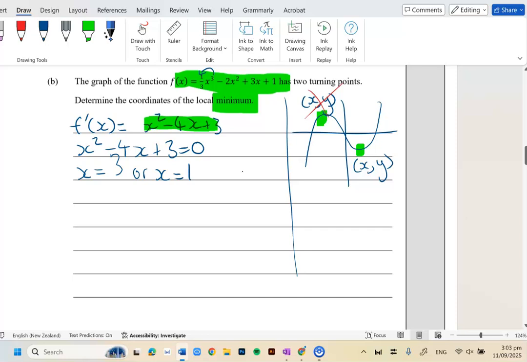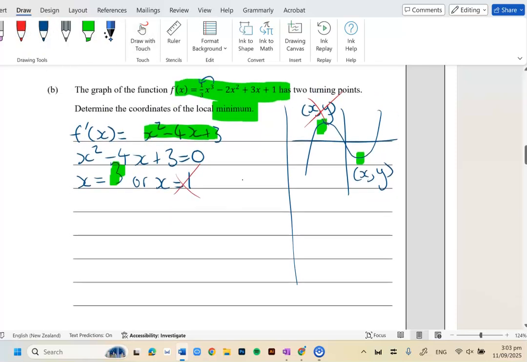Now we know the minimum x coordinate has to be greater than the x coordinate for the maximum, so we know that this is our coordinate for the minimum, so we can ignore this. So to get the y value, all we need to do is plug it into the original equation, not the one we derived.